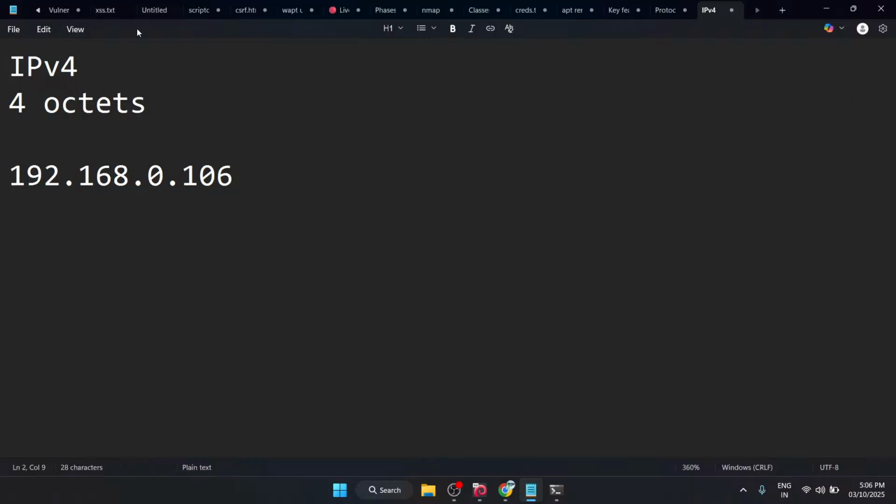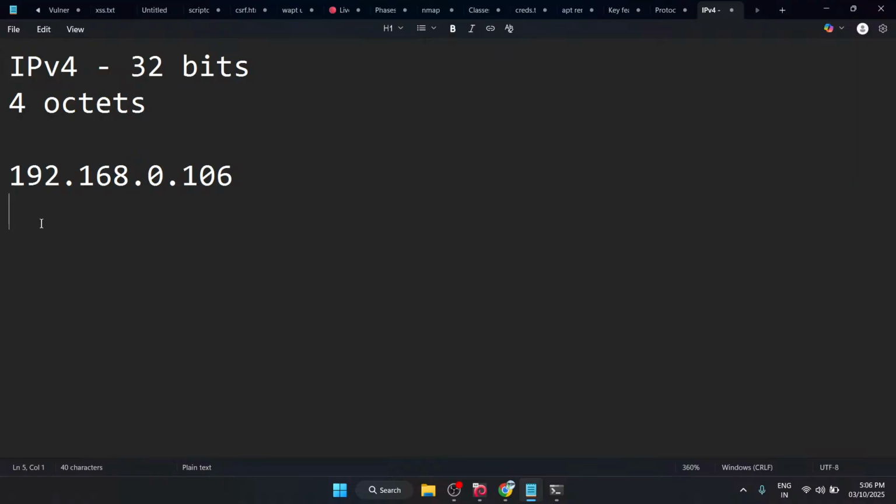I also told you that IP version 4 is 32 bits, but why it is 32 bits, we are also going to see today. With 4 octets, each octet is separated by a dot.